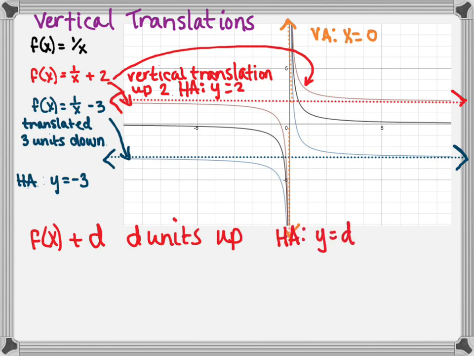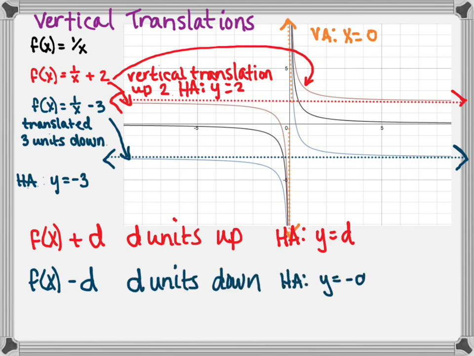The horizontal asymptote also gets translated up d units to y equals d. And if we have f of x minus d, we are translating d units down, and the horizontal asymptote becomes y equals the opposite of d, or negative d.